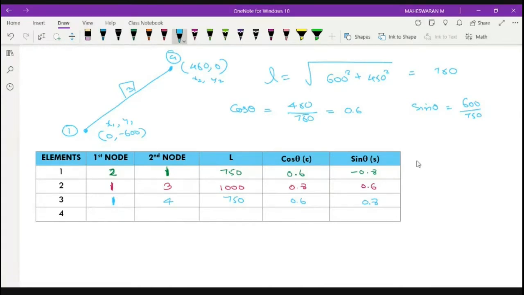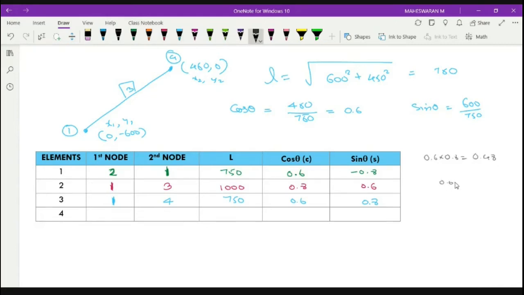So now I can see that most of the values are 0.6 and 0.8. Just for reference, I'm writing this down. Multiplying 0.6 and 0.8, you will get 0.48.